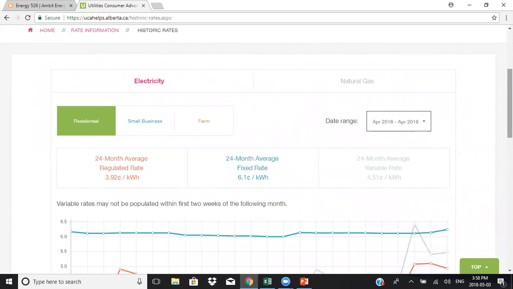So every competitive retailer will add a transaction fee on top of the pricing for their variable rate. Ambit Energy is the only competitive retailer that does not add a transaction fee. Key point. Write this down, guys. Ambit Energy is the only competitive retailer that does not add a transaction fee on top of all the units of energy they sell for both electricity and gas.